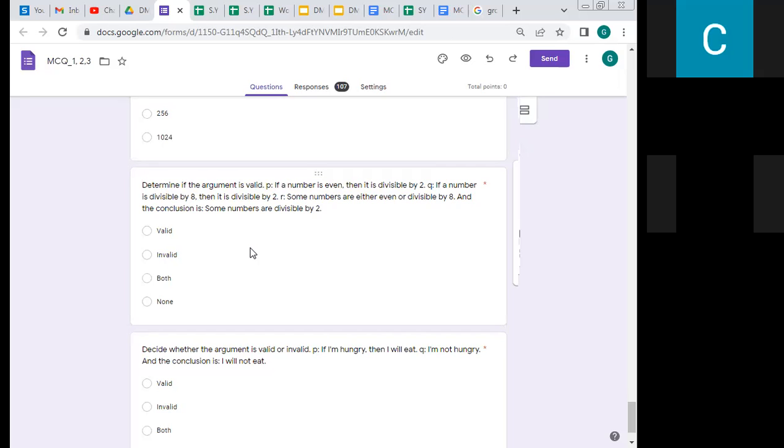R is some numbers are either even or divisible by 8. Okay, and the conclusion is some numbers are divisible by 2. Okay, so solve this. You are going to solve this. Whether the stated argument is valid or not, you are going to tell me.